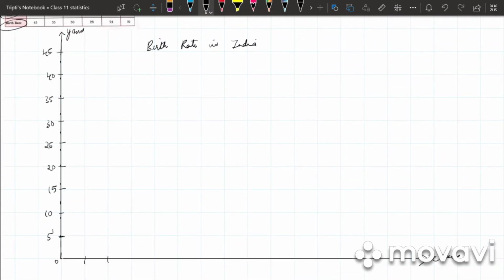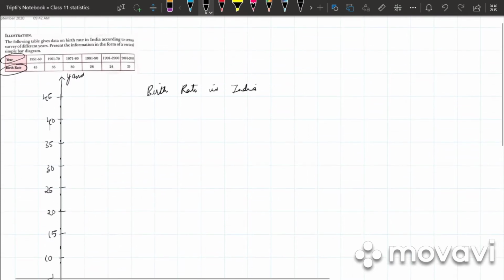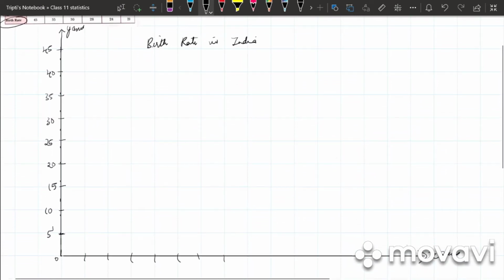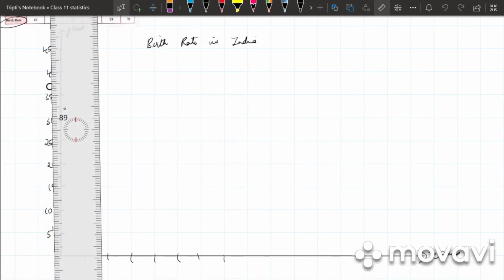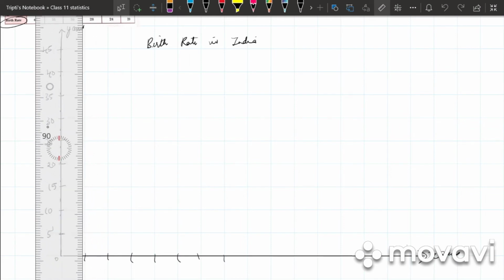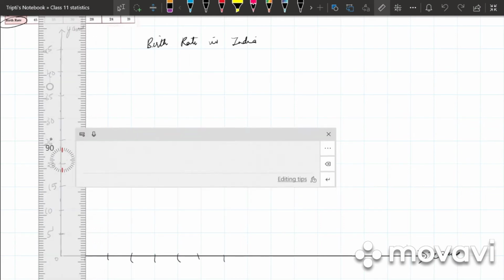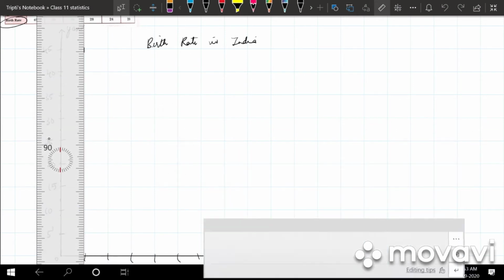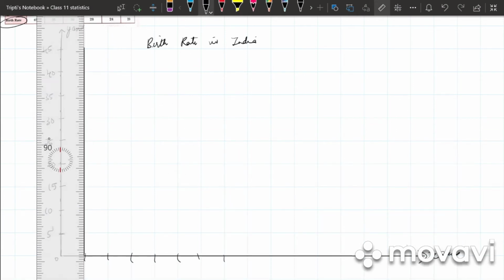And here every 1 centimeter I would be drawing the bar diagram. So what is the first year? 1951 to 60, it was 45. So take a scale. There are 2 points.